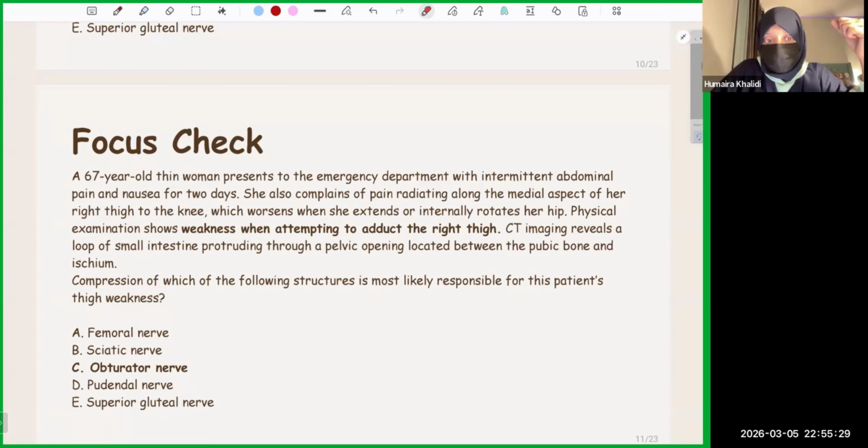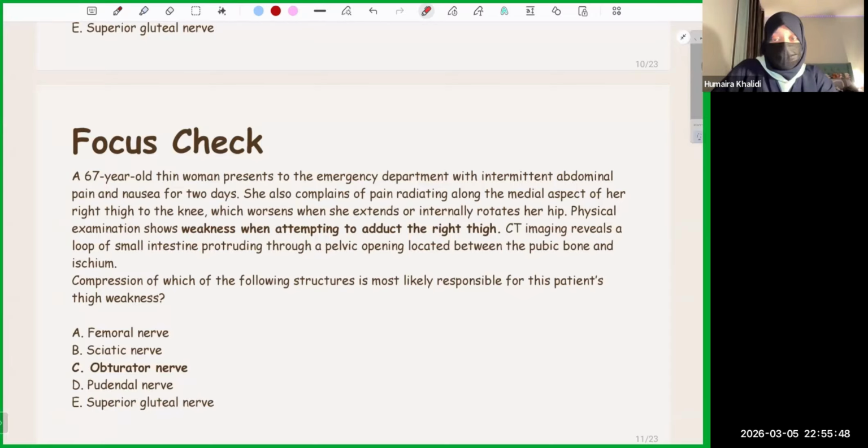Remember, we said that the inguinal ligament attaches from the anterior superior iliac spine to the pubic tuberosity. Below that ligament, the femoral nerve, artery, and vein are going to pass through.